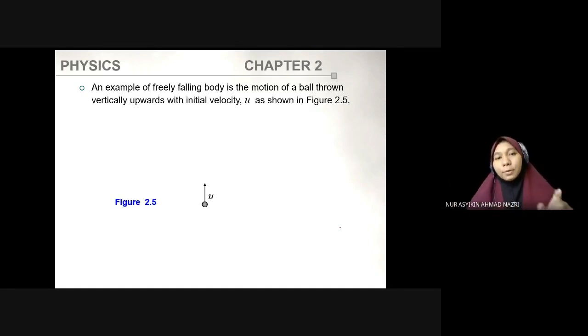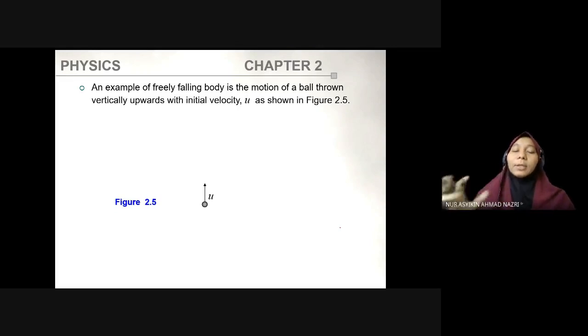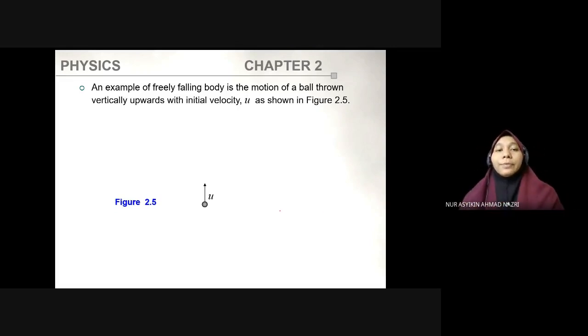But for now, we are talking about throwing the ball vertically upward.